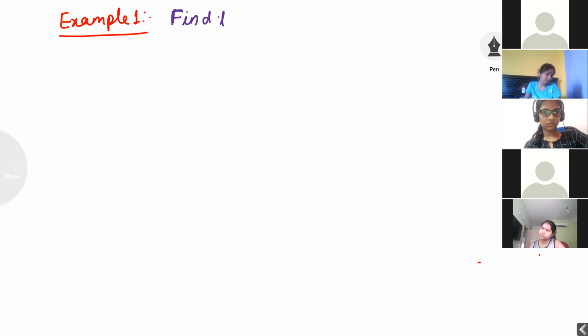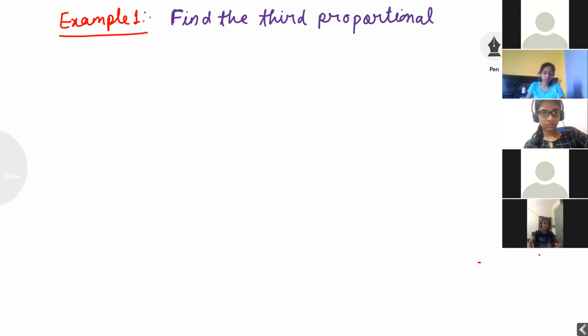Find the third proportional to 5 and 15.